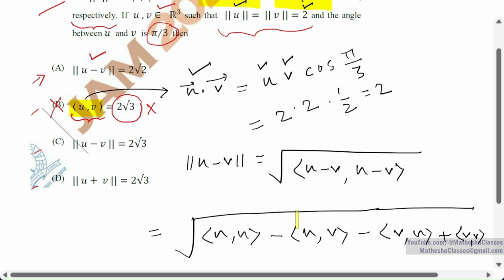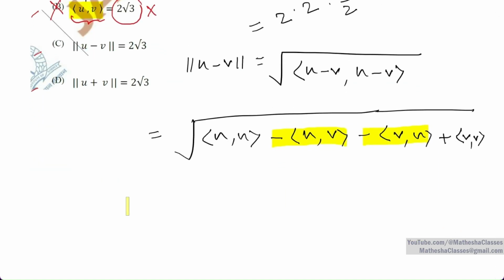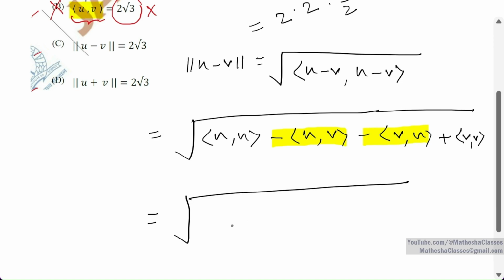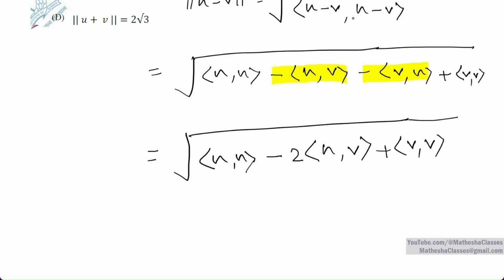Now note carefully, those two terms are equal, and therefore we can write this as under root inner product of u with itself minus 2 inner product of u with v plus inner product of v with itself. Now note carefully that inner product of u with itself is nothing but norm of u square, and this is nothing but norm of v square.